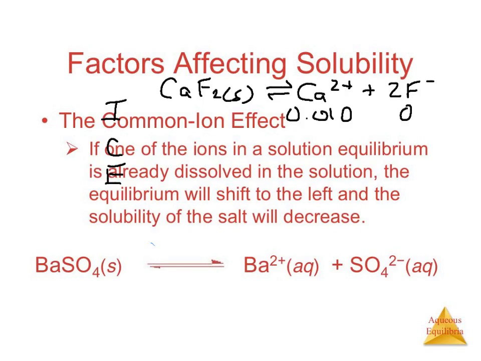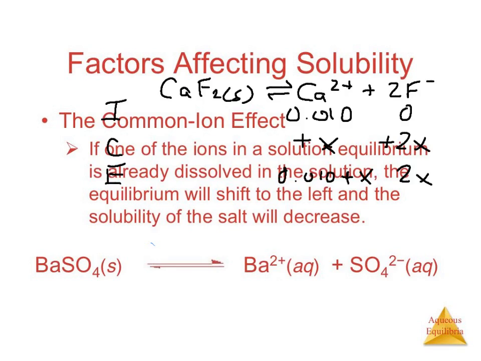So this is one of those plus x problems. Okay, so this one is going to increase by plus x. This one's going to increase by plus 2x. So then what we end up with is 2x and 0.010 plus x.